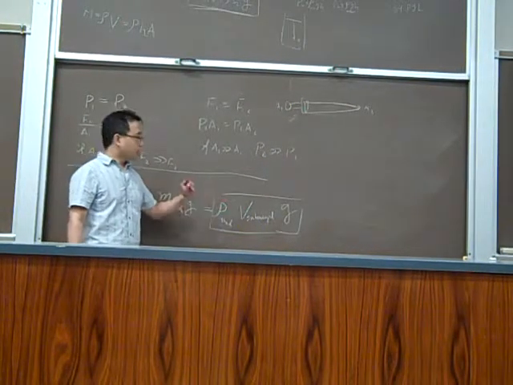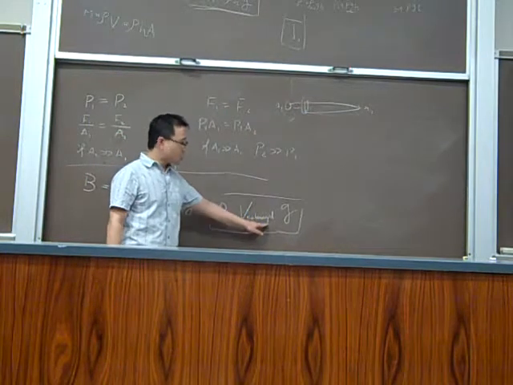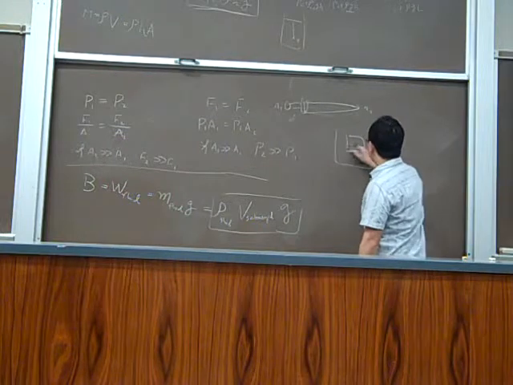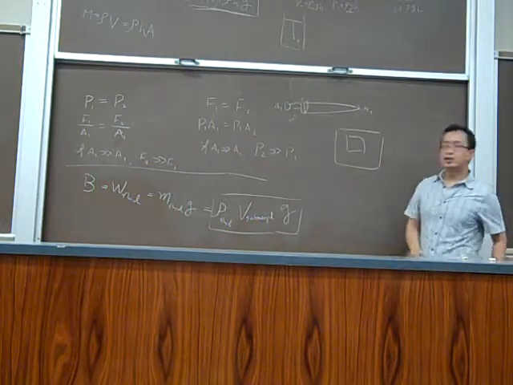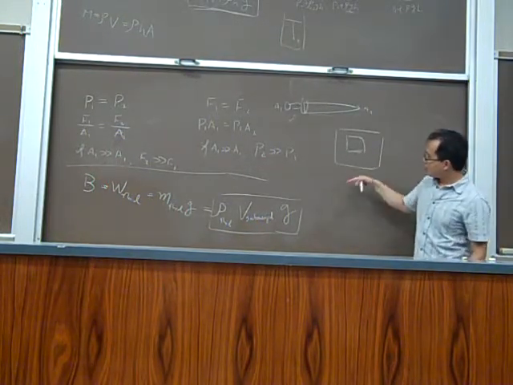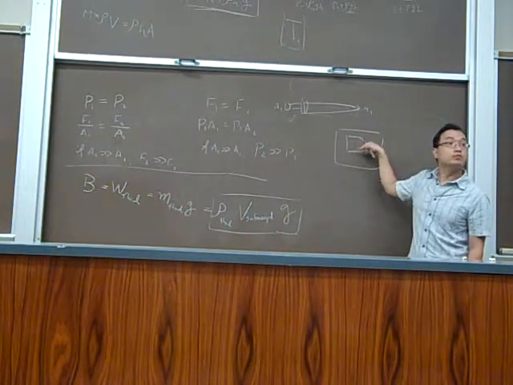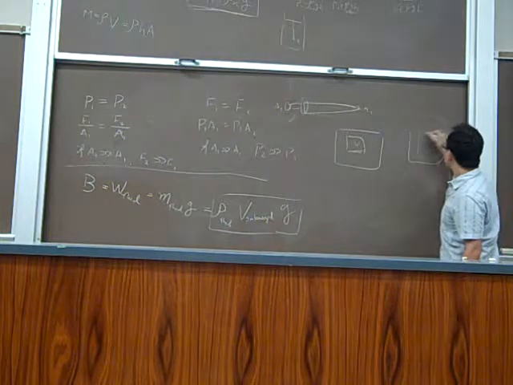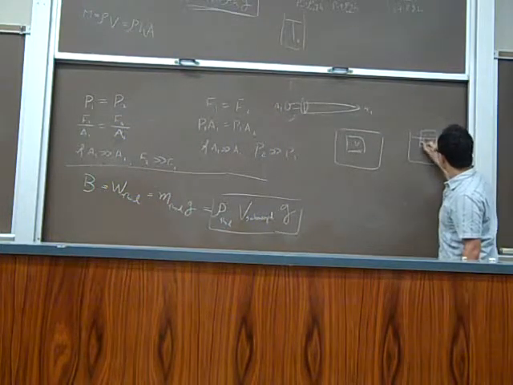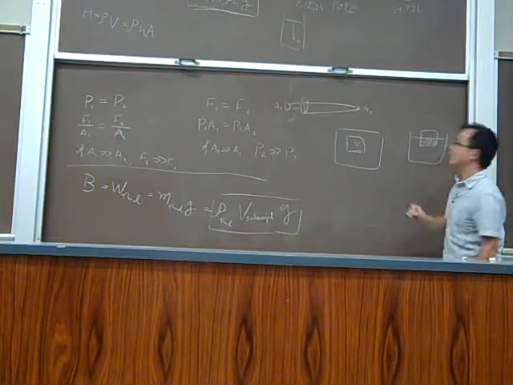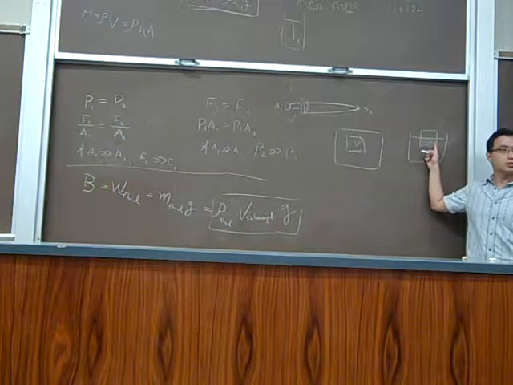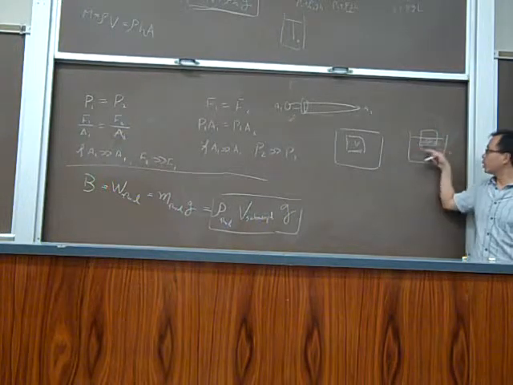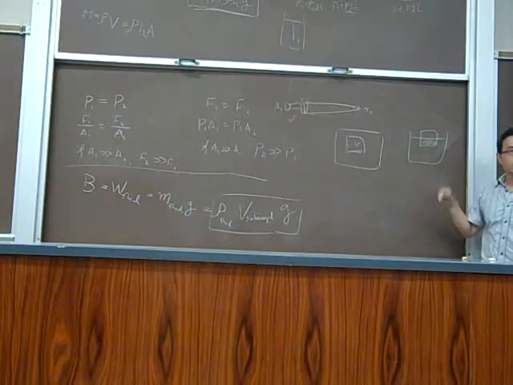And the submerged here is important because if the object is completely submerged, this volume is the volume V for the object. But if it's just partially submerged, the needed volume should only be this part. That's the volume submerged. You cannot use the whole volume V. Any question here?